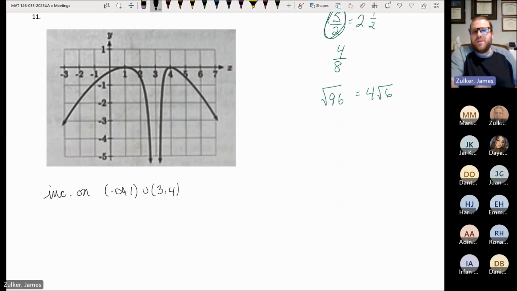Would be 3 to 4, open. Right, never hits 3, but that's what the open means.